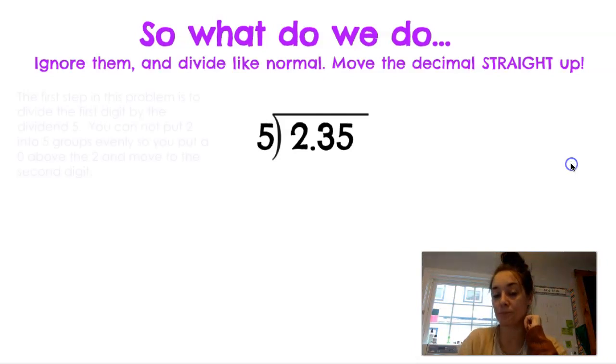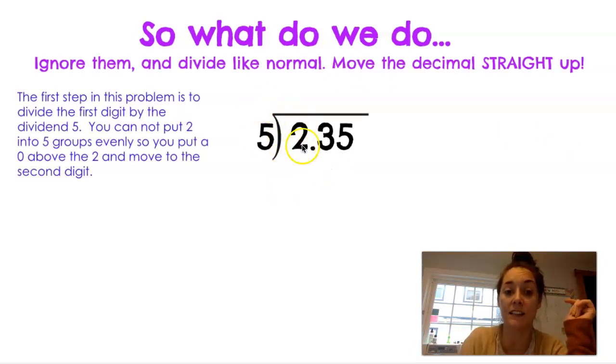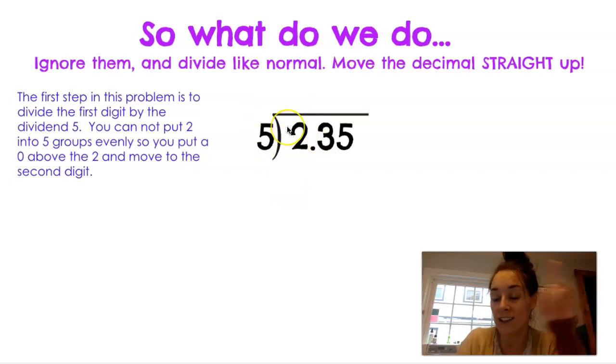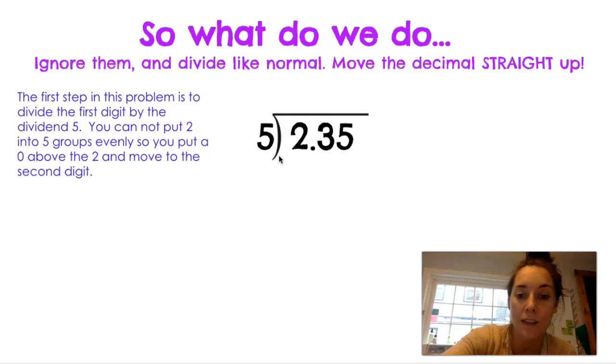So let's do it. Our first step in this problem is that we need to divide this first digit of our dividend, the 2. Right now we can't put 2 into 5 groups evenly. There's no way that I can do that without splitting it up. I have to rename this 2 as 20 tenths, if we were to ignore that decimal point.